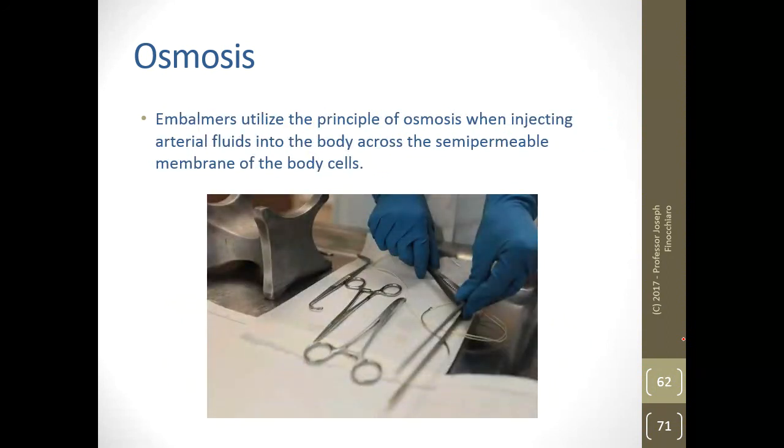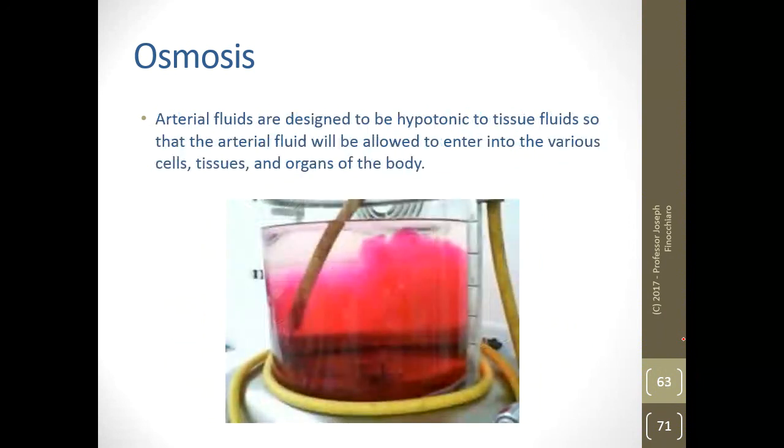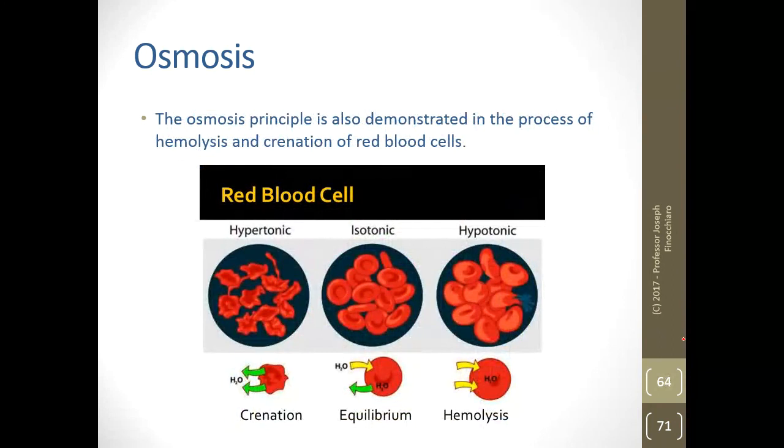Embalmers utilize principles of osmosis, dialysis, and diffusion when we do our job. Arterial fluids are designed to be hypotonic to tissue fluids, so that arterial fluid will be allowed to enter into the various cells, tissues, and organs of the body. The osmosis principle is also demonstrated in the process of hemolysis, and the crenation of red blood cells.